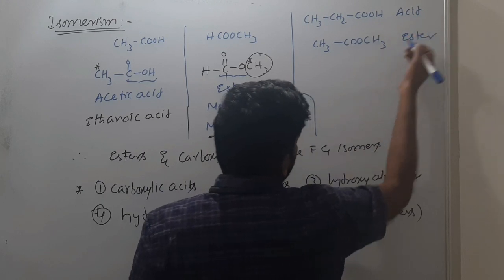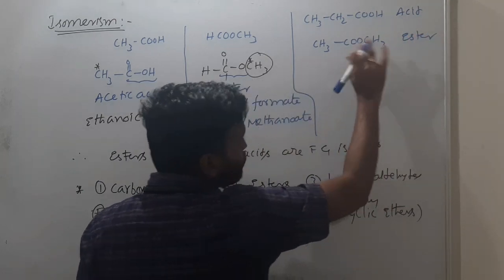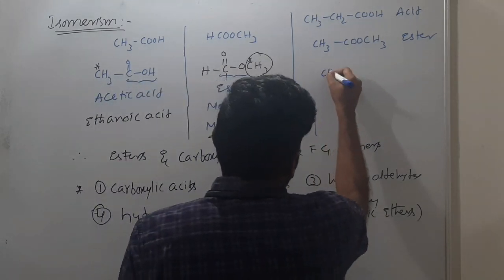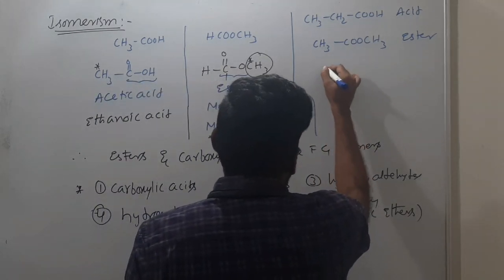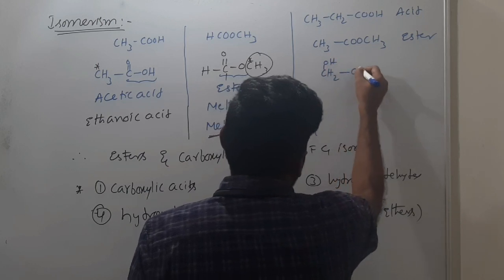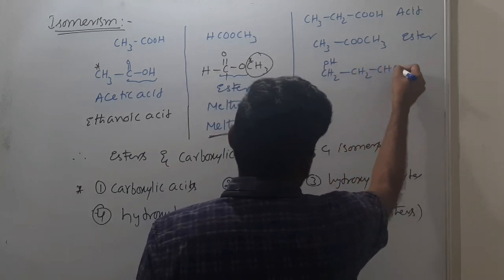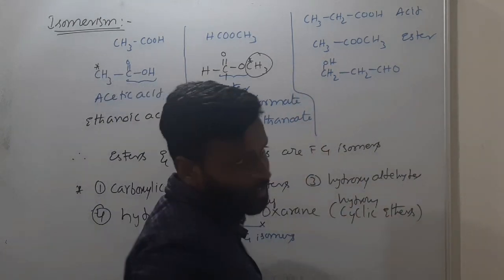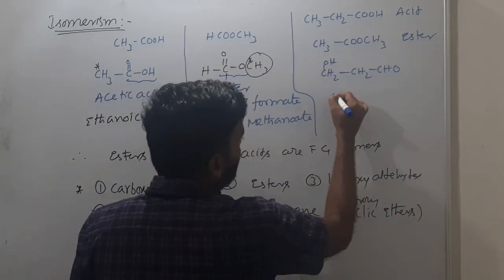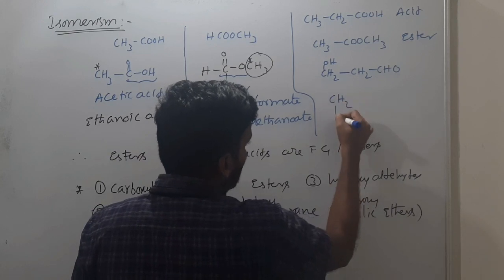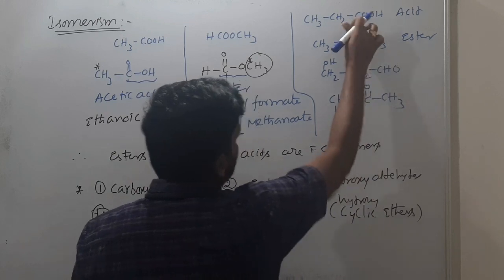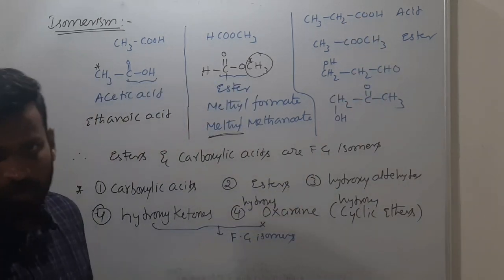This is ester. Along with these, three more you can write like this: CH2OH and CH2CHO, this is called hydroxyaldehyde. Maybe the OH here changes the position, positional isomers then. One more, CH2OH and C double bond O, CH3. So these are all functional group isomers.